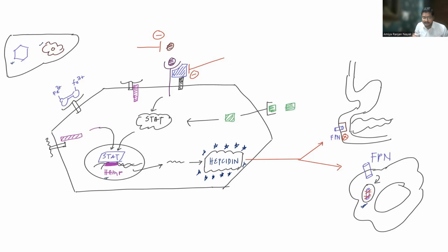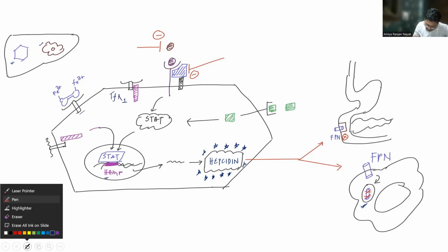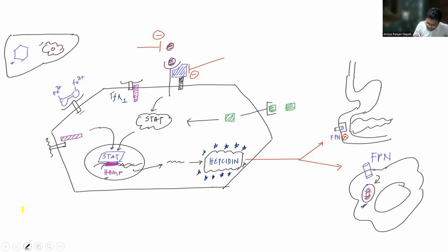Now, how will these hepatocytes know that there is enough iron? They can identify this with the help of the transferrin receptors. I told you it is transferrin receptor 1, which is predominantly taking up holotransferrin. As you can see here, this is the transferrin receptor 1 complex.